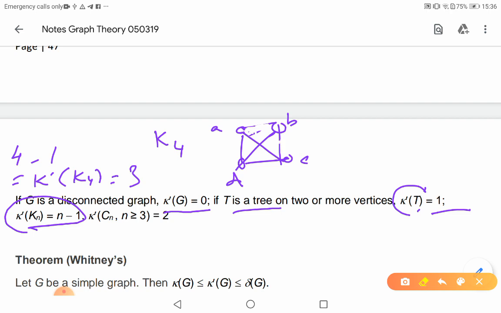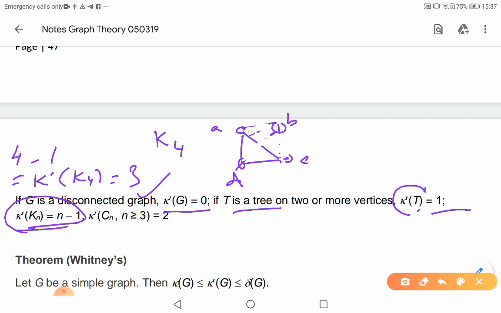These edges, and then I delete these edges. So it means that I have deleted 3 edges. So this is correct. So it proves that for K4, you can use this formula to find the set of cut edges.